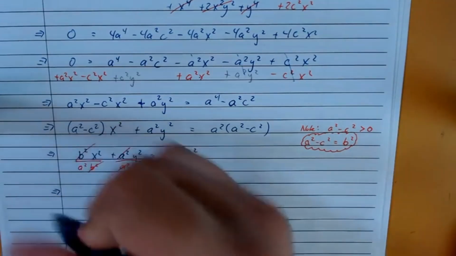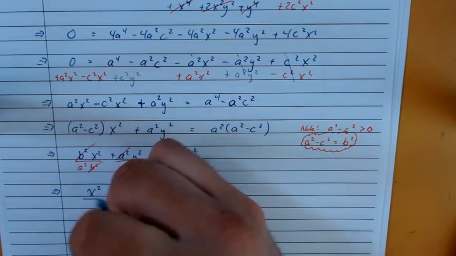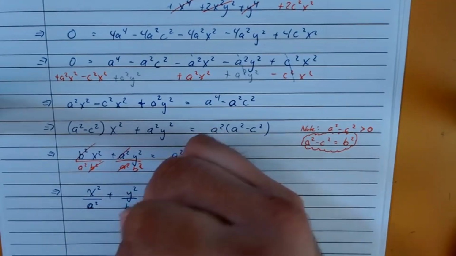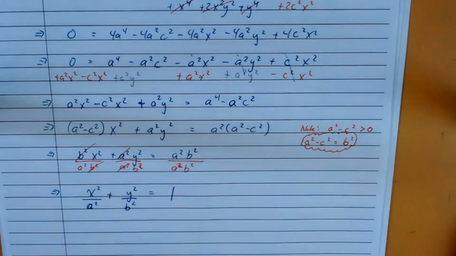So this leads us to the final result, x squared over a squared plus y squared over b squared is equal to 1.